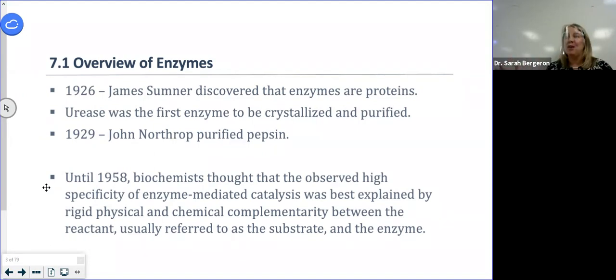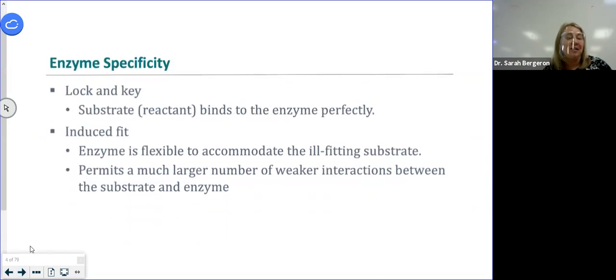You've heard, how many times have you heard that? It's not true. That's not how enzymes work. That was the initial explanation for how enzymes interact. But if you really think about it chemically, it doesn't make sense. And so we're going to talk today about why that is and exactly how the two are different.